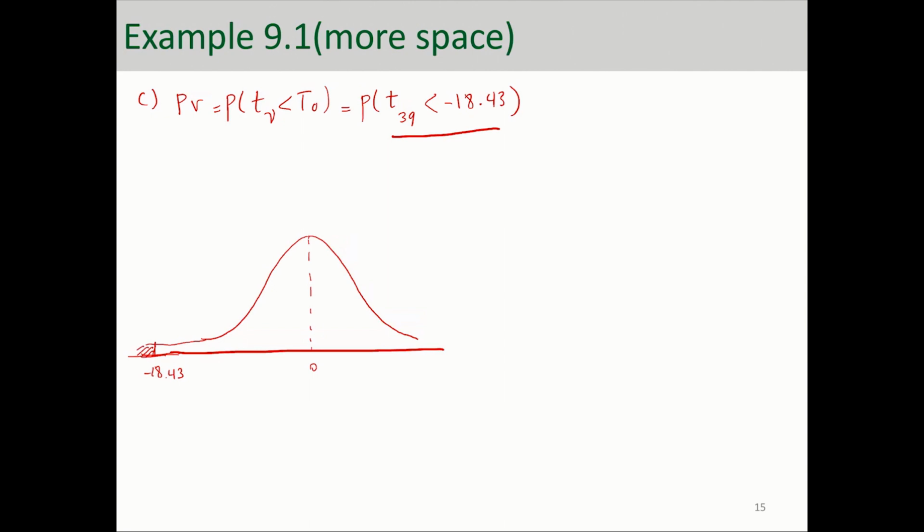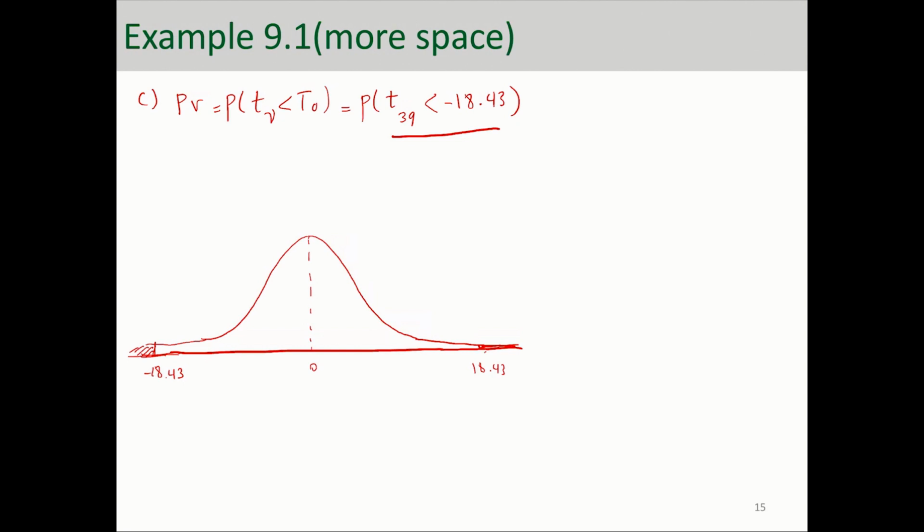And we're looking for this area. It's going to be a very small area, which is the same as the probability of t39 more than positive 18.43. These two areas are the same. And you can see from the table it is virtually equal to 0.